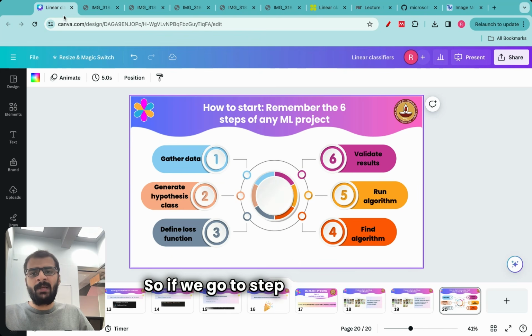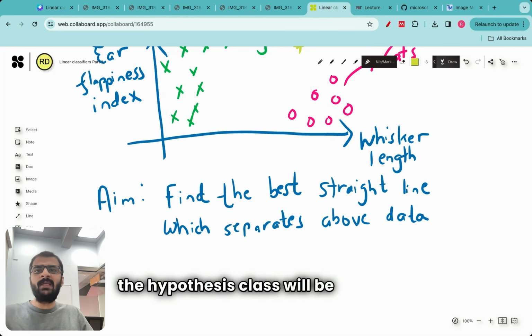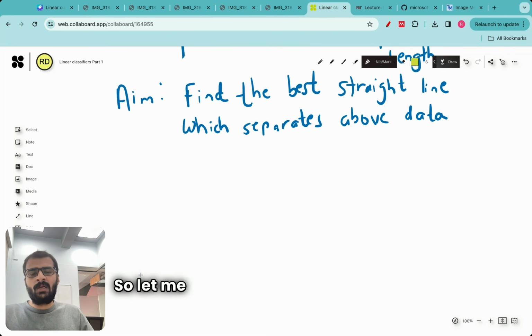So if we go to step number 2, we have to generate a hypothesis class. And since we are building a linear classifier, the hypothesis class will be all the space of straight lines which are possible. So let me draw the above graph again.